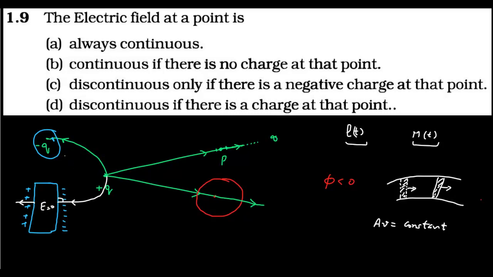Using all this information, we can say that the electric field at a point is continuous if there is no charge at that point, and it is discontinuous if there is a charge at that point. So options B and D are the correct options.